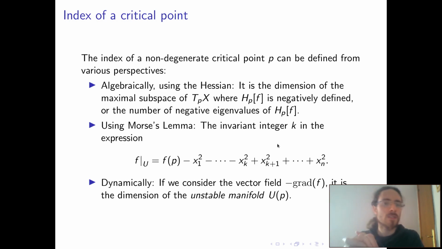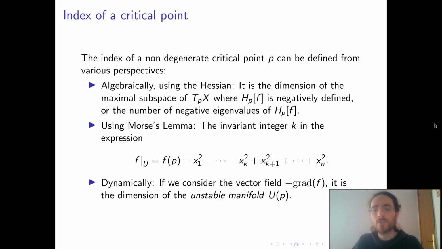So we need to define the index of non-degenerate critical points, and there are several versions of it. I think that you already saw a definition, but to recall it, the index of a critical point P can be seen algebraically. This is the most standard way.